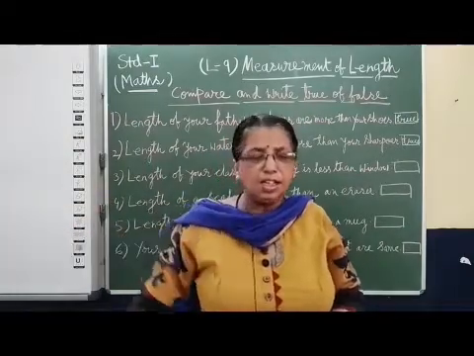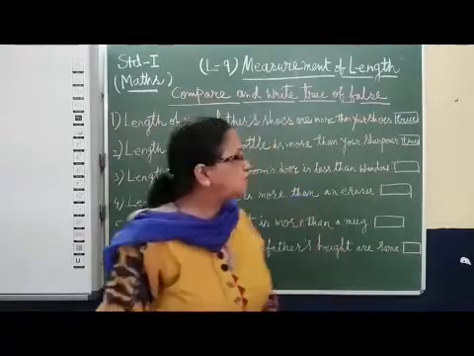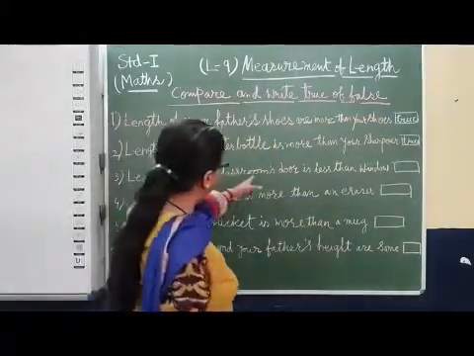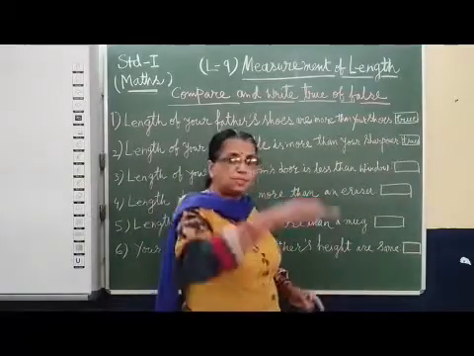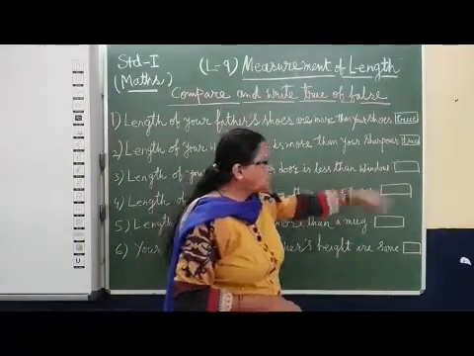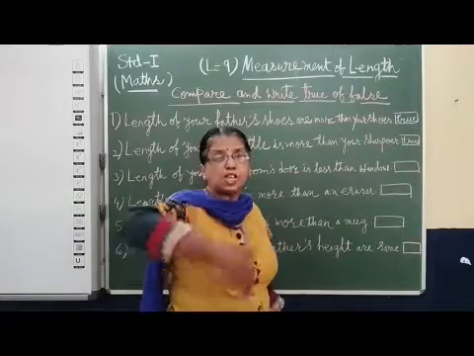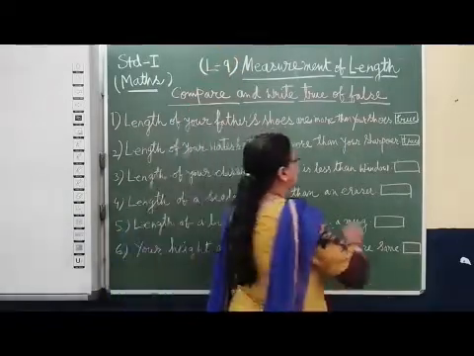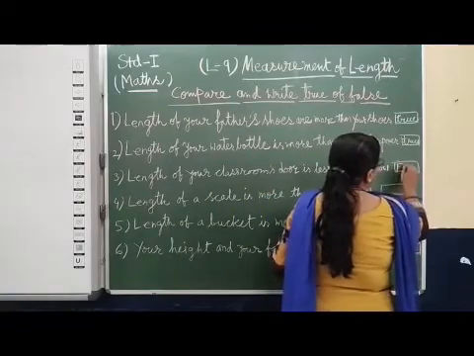Windows are shorter and doors are longer. So here it is written the length of your classroom door is less, that means shorter than window. That means windows are longer. So this is not correct. You will write false.